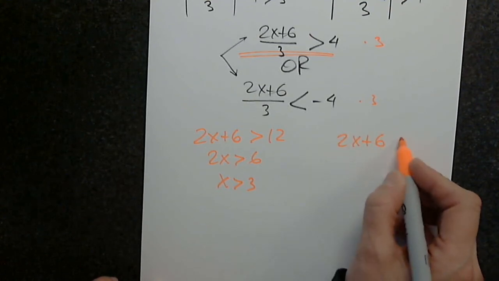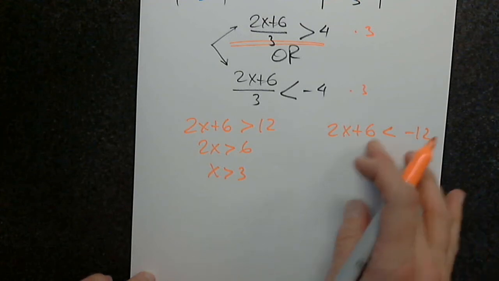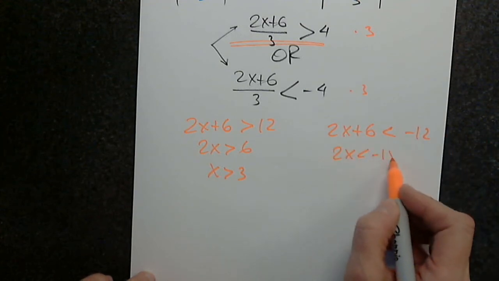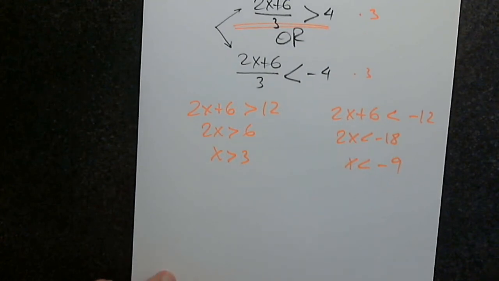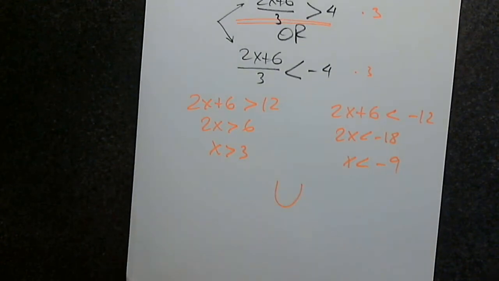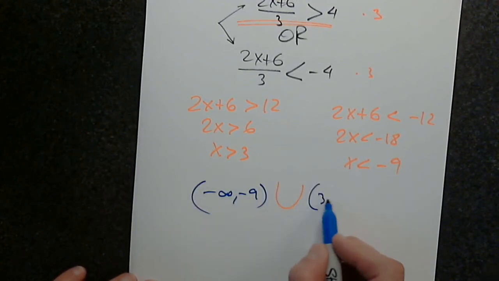It's still 2x plus 6, but less than negative 12. And when you move 6 and divide by 2. This type has to have the union in between. So first one, it's going to be negative infinity to negative 9, and the other one, 3 to infinity.